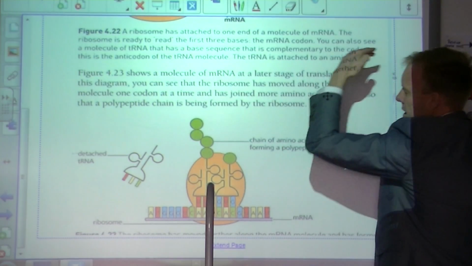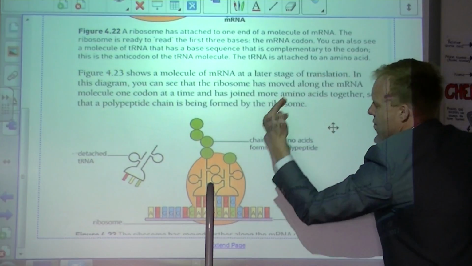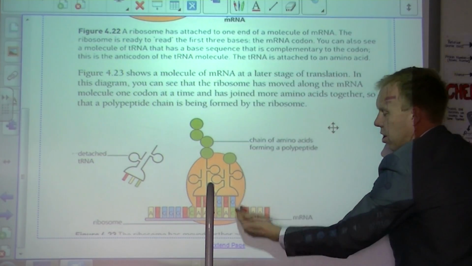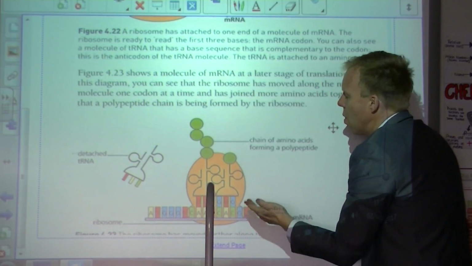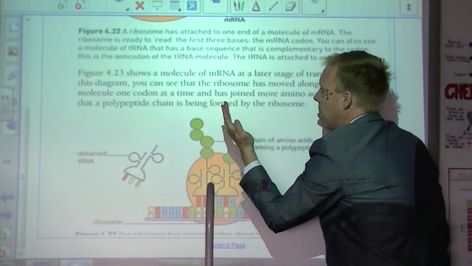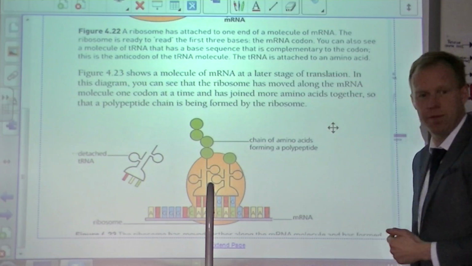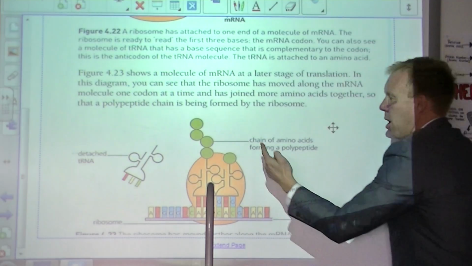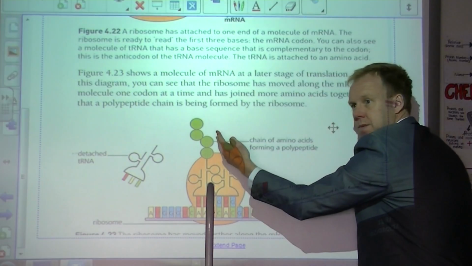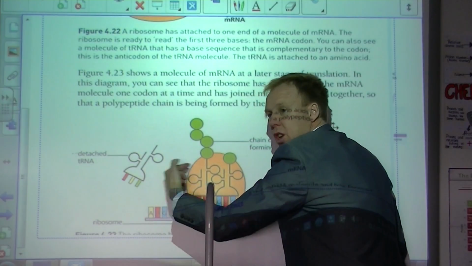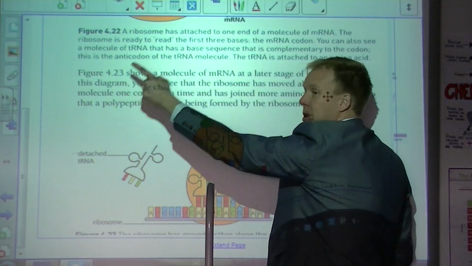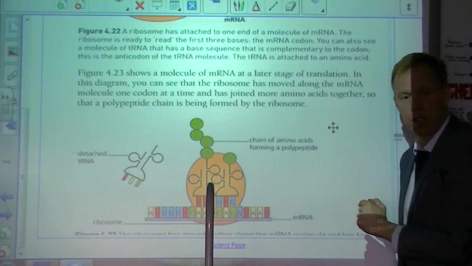But as the tRNA brings the relevant complementary anticodon with its specific amino acid, we start to develop a polypeptide chain. Okay? Peptide bonds form between amino acids. As they do, the tRNA molecule leaves to go pick up another amino acid and start the whole process again.